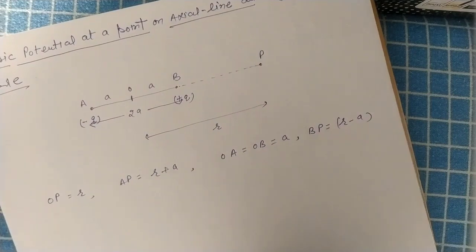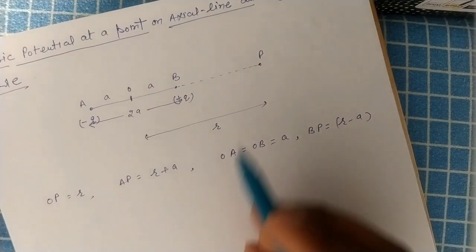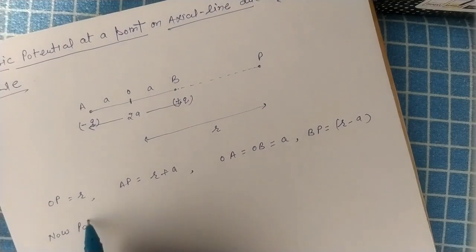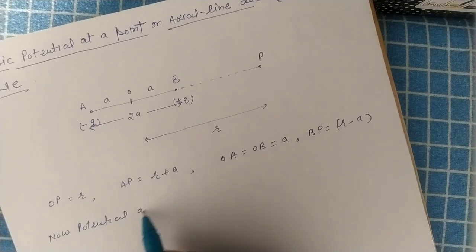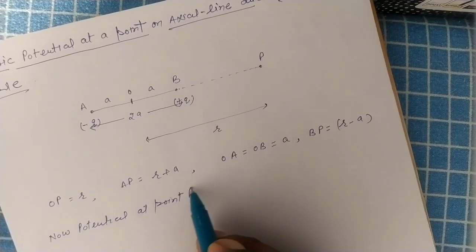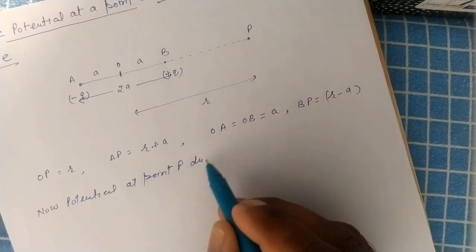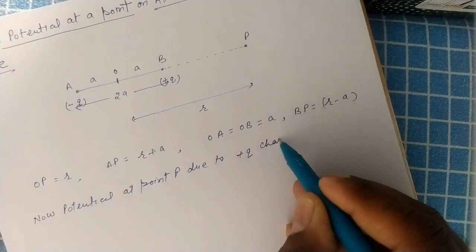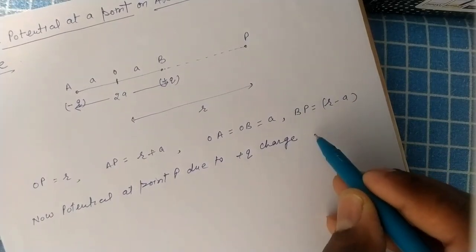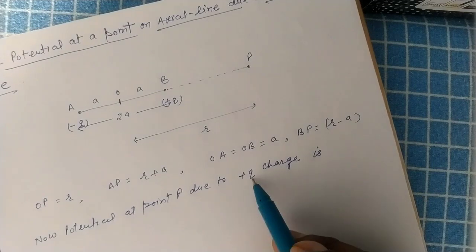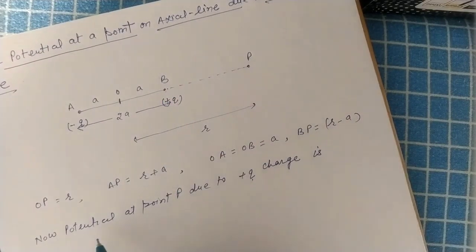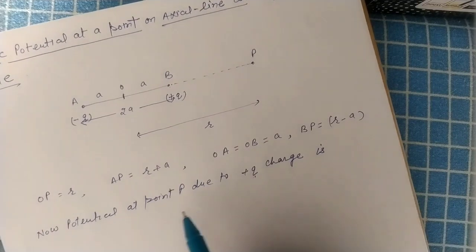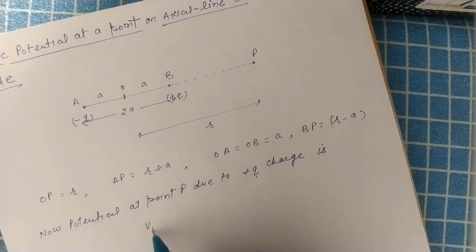Now, potential at point P due to positive Q charge is at point B. Therefore, the potential at point P due to the positive charge, we can write V1 potential.